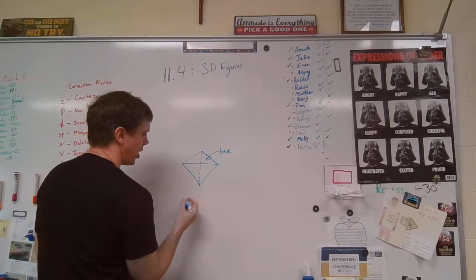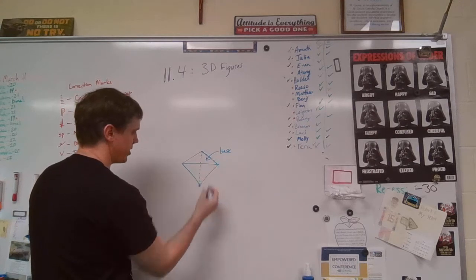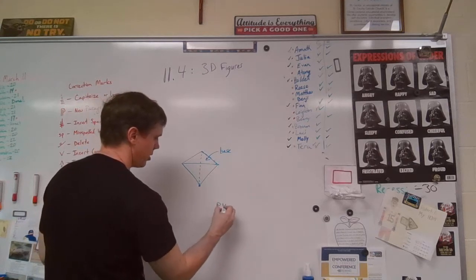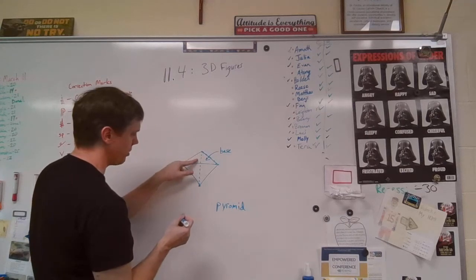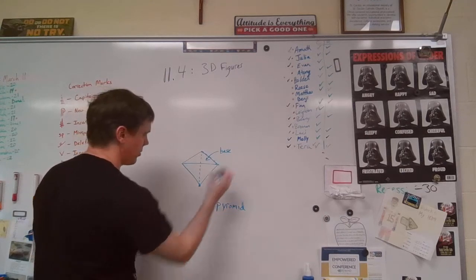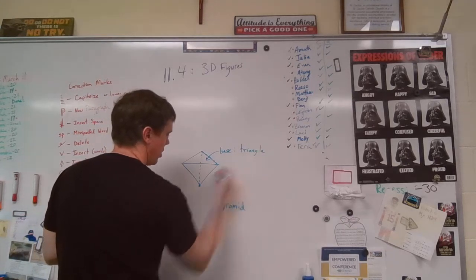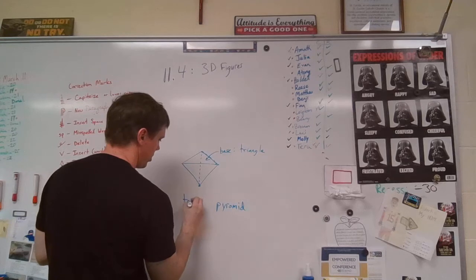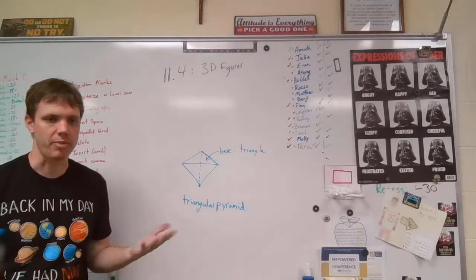So we have a point down here, and we've got a base up here. So this is a pyramid. And again, we just look at the base. The base is a triangle. So we have a triangular pyramid. Okay, makes sense? Easy, right?